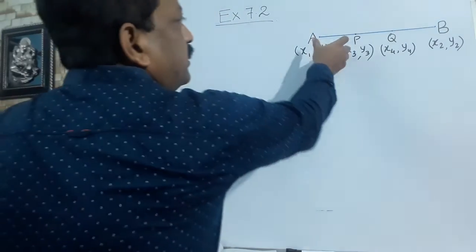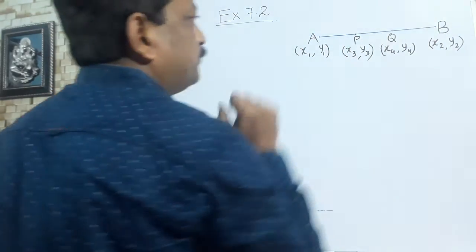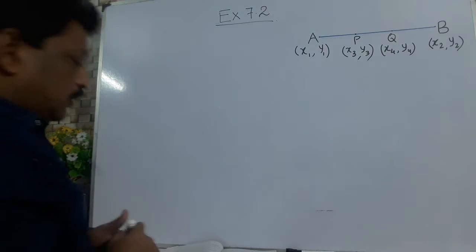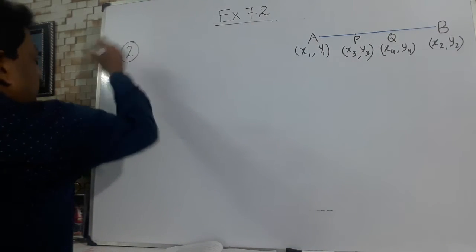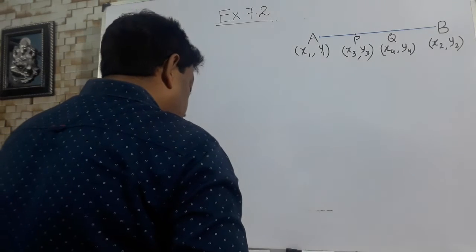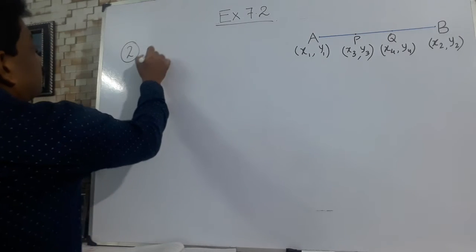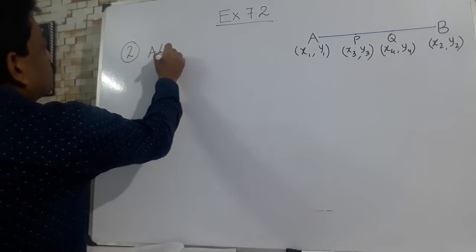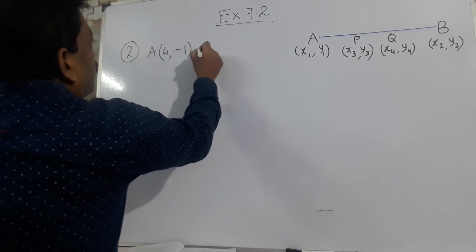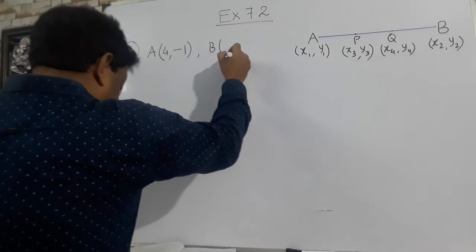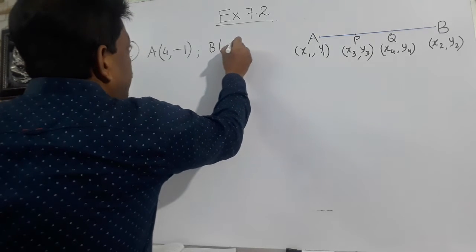That is, AP equals PQ equals BQ. The coordinates of A is given in this question number 2. The coordinates of A is (4, -1), and the coordinate of B is (-2, -3).